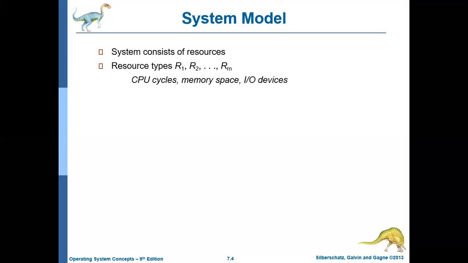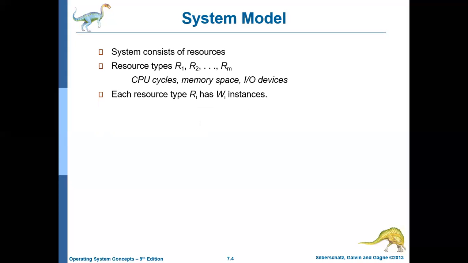All these are examples of resources. Even a semaphore is also a resource, because a semaphore is basically a locking mechanism used to avoid the critical section problem. Mutex locks are also resources. So all these are the different types of resources a computer may have.